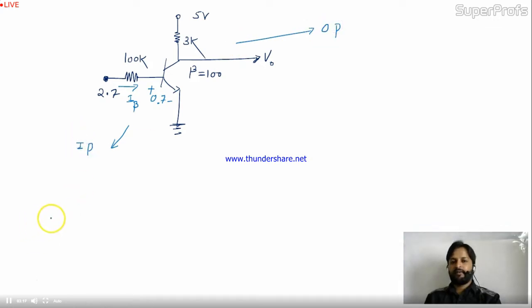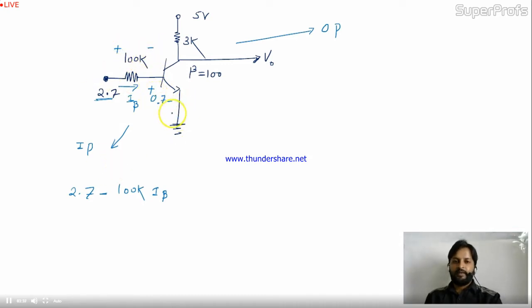So in the input, I can apply the KVL over here. I'll start with 2.7, so it is 2.7 minus 100K into IB. Why am I taking minus? Because the drop in the 100K is like this.